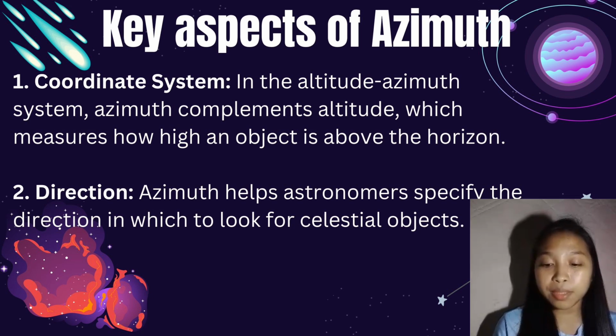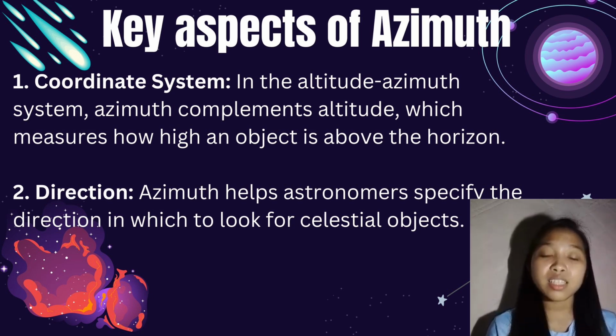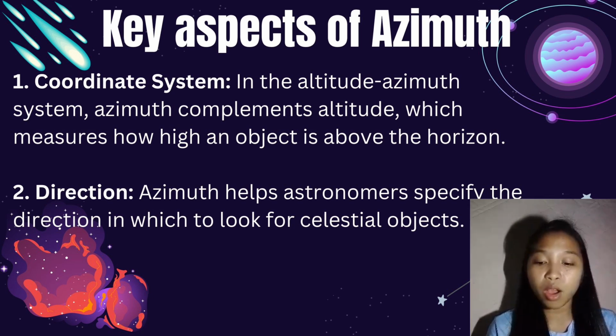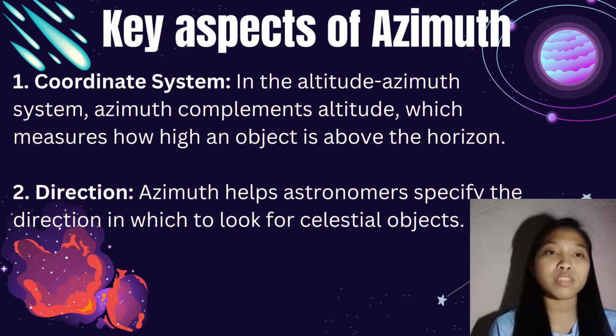In the altitude-azimuth system, azimuth complements altitude, which measures how high an object is above the horizon. This system is observer-specific, meaning that azimuth changes based on the observer's location and the time of observation.